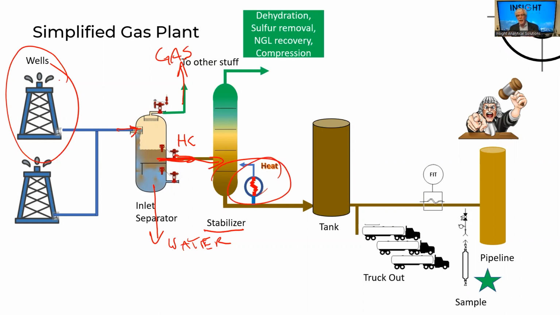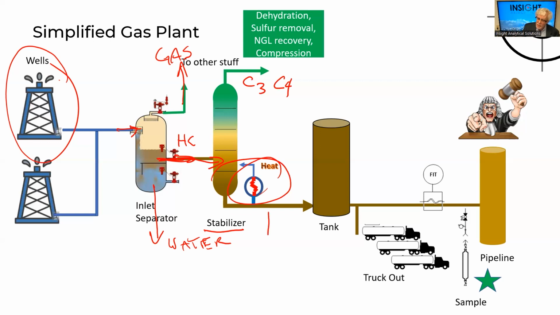When it does that, it's going to boil off some of the light ends, things like the propane and butane, C3s and C4s, and lighter hydrocarbons than that: the H2S, any natural gas that's still in there, the ethanes. Those should all go off on that green side, green being gas, and that'll go up into the rest of our gas plant.